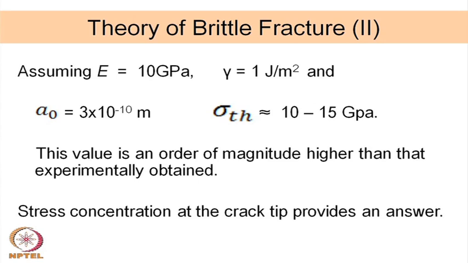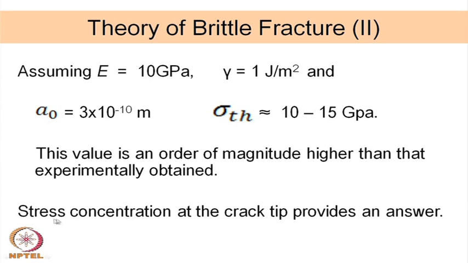What is a crack tip, and what do we really mean by a crack? That means we are initiating a crack. That was the stress required for initiating a crack. There was no crack initially, and then by applying a stress, the cohesive energy or the bond energy is broken, so a crack is initiated.